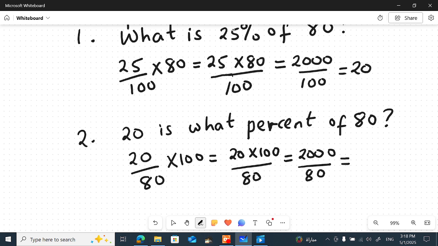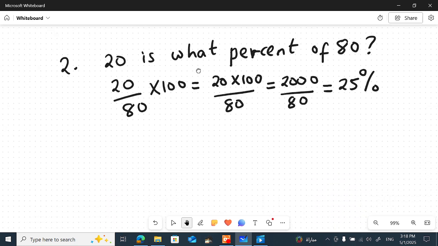If you do it using the calculator, you just divide. Or simplify: 200 divided by 8, divided by 4 is 2, and 200 divided by 4 is 50. So this gives you 25%. I hope that is clear.